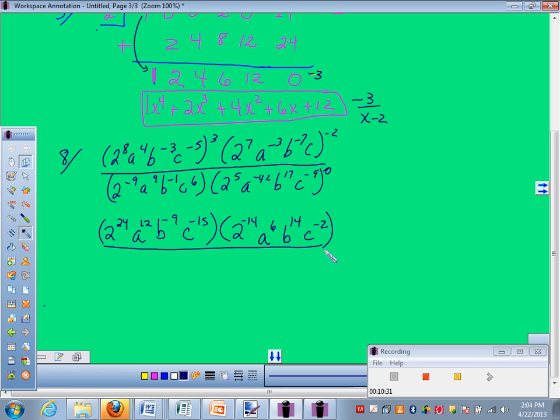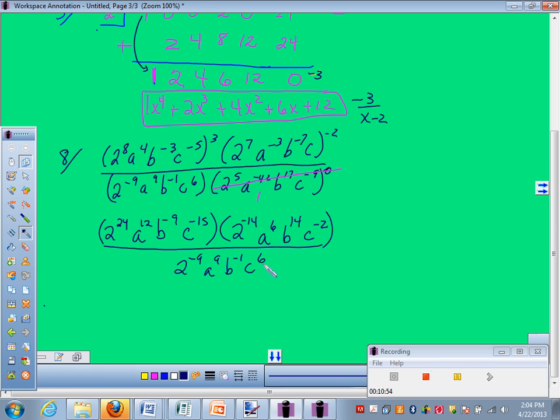Okay, anything I need to do to the bottom? Anything to the 0 power is 1, so that whole thing is gone. We like that. So then, this other quantity I just need to copy down. Now, what's the next step?